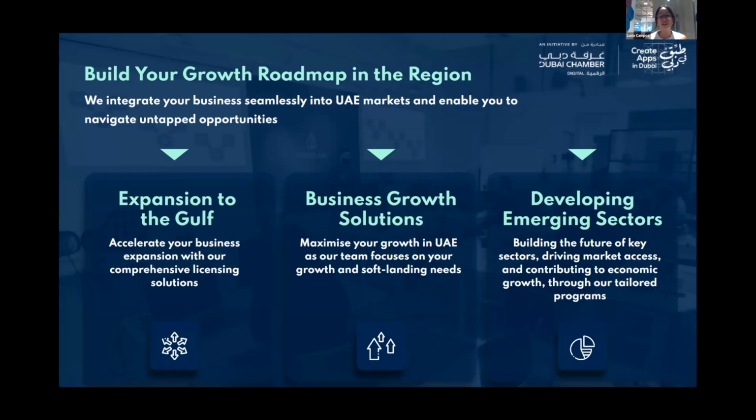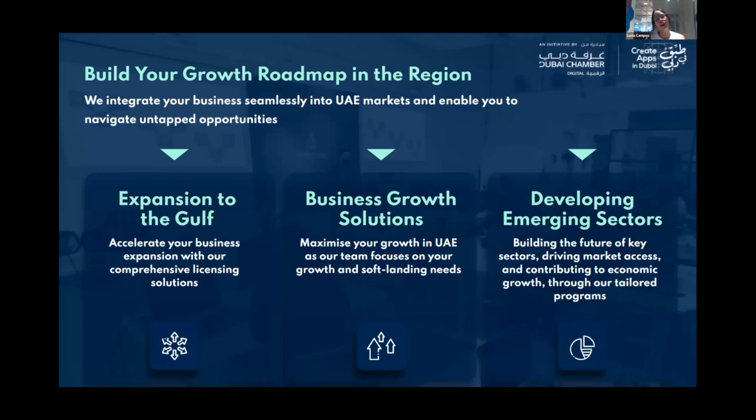We also have business growth solutions. So basically helping you with soft landing, PRO, GRO, just so you can focus on your day-to-day operations and outsource everything else to us, and we can help you with these needs that you might have to run your business.